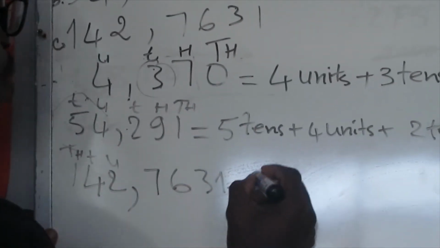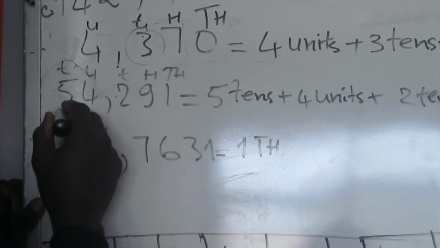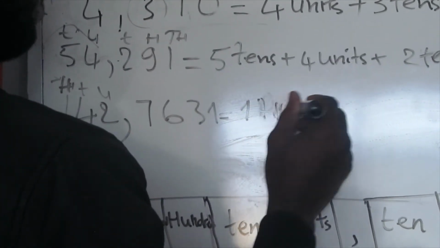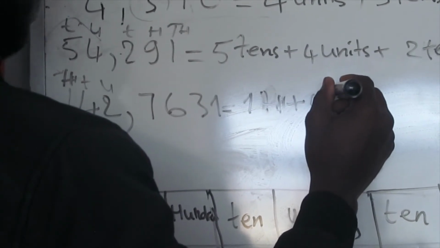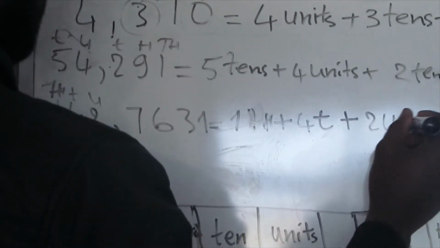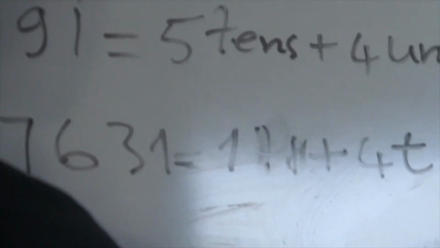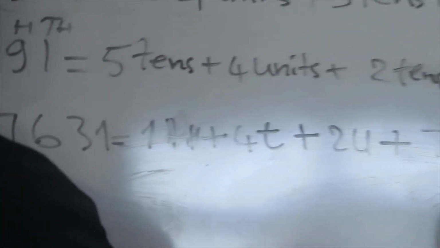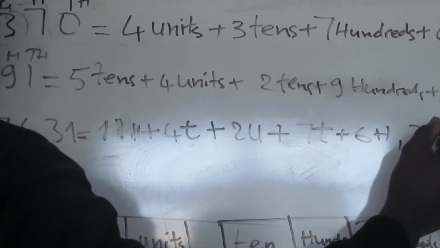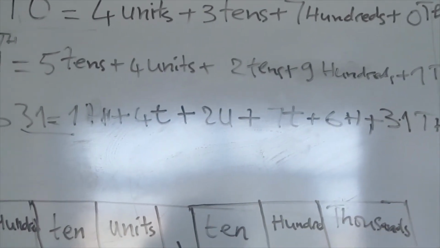We start with 100 first, plus 4 tens plus 2 units. Now after the comma, the first digit is 7 tenths plus 600 plus 31,000.